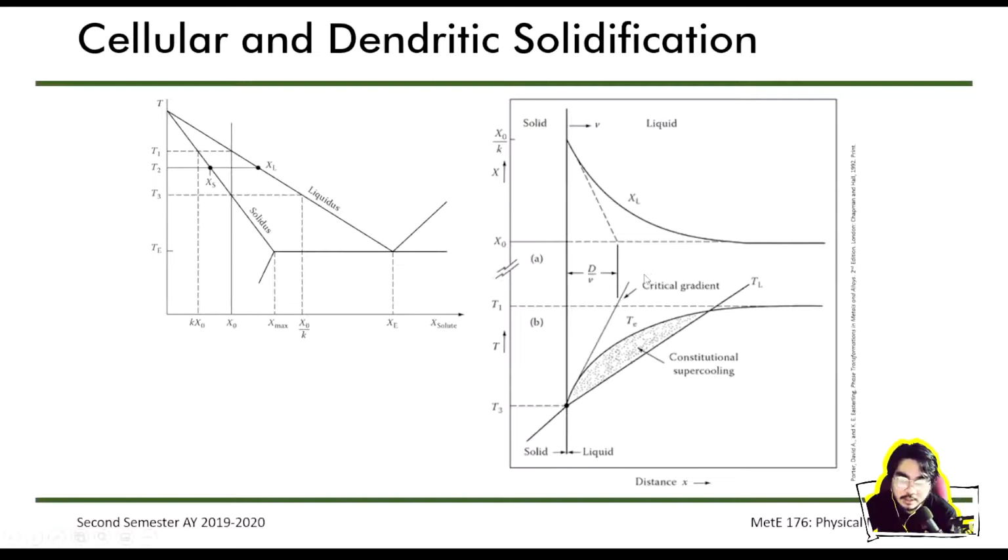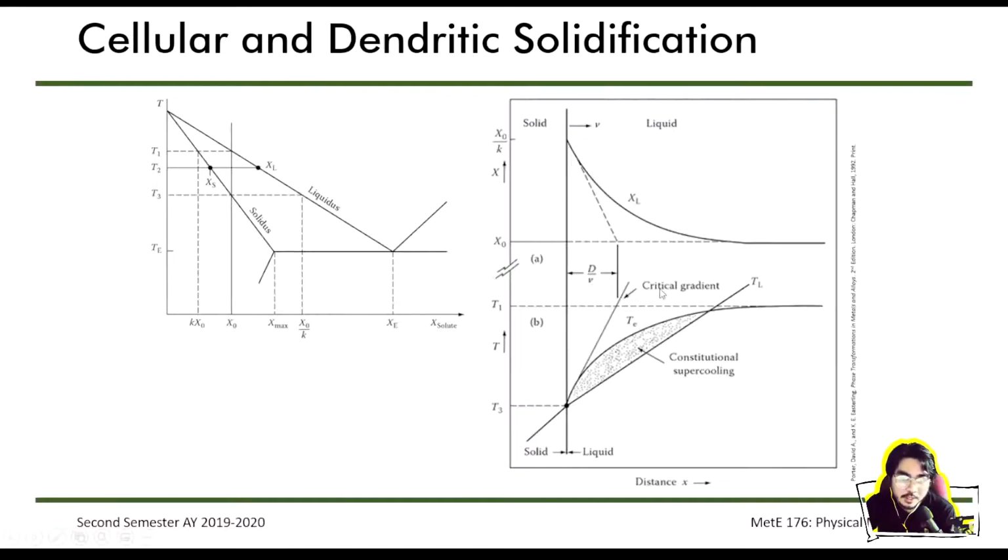So there exists a certain critical gradient, and this critical gradient is given by this value right here, D over V, where D is diffusivity and V is the velocity of the solidification front. If you reach the critical gradient, then you won't have any constitutional supercooling.